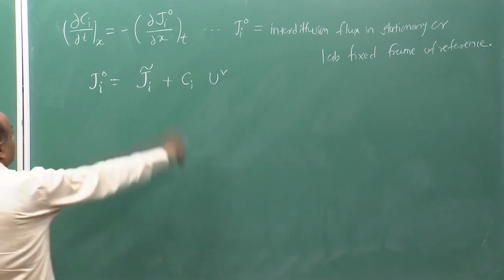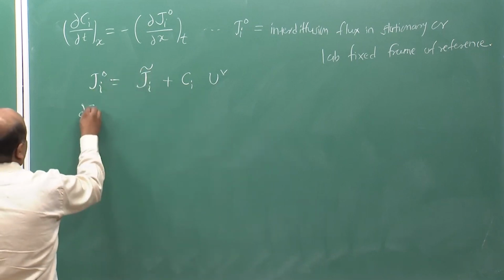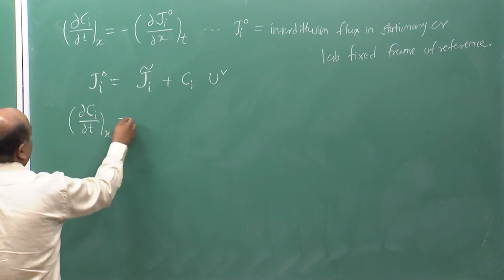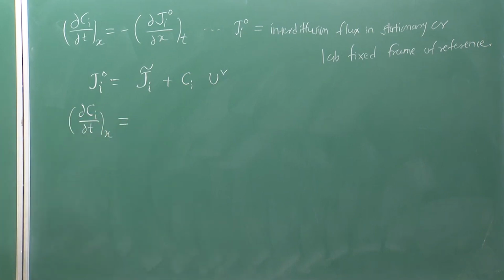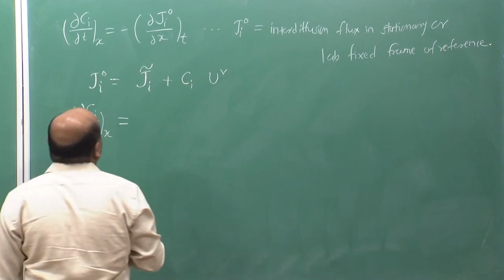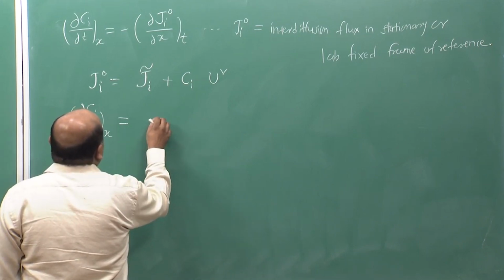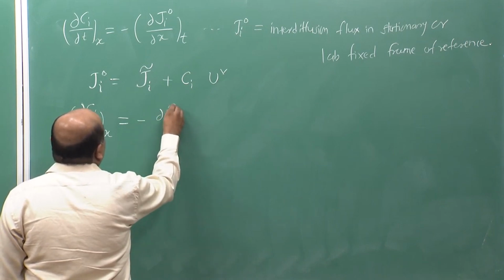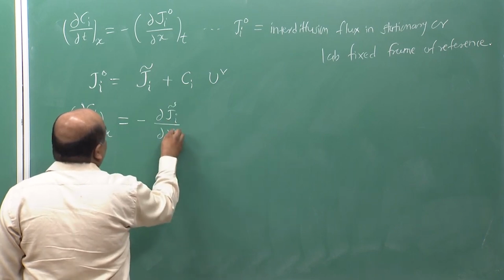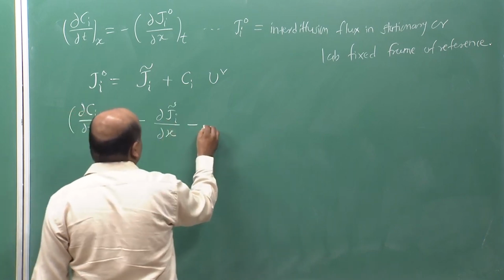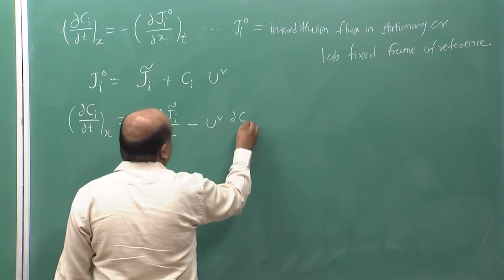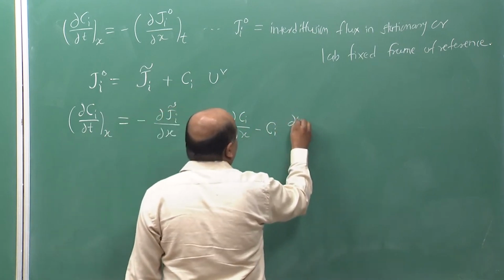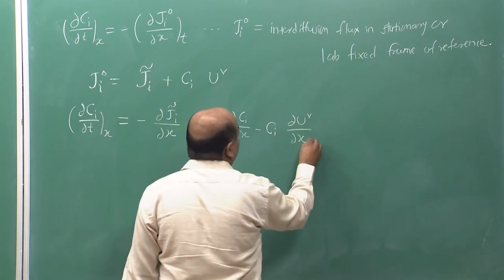So, when I substitute here, original equation becomes dou Ci by dou t at x should be equal to minus dou Gi tilde by dou x minus uv times dou Ci by dou x minus Ci times dou uv by dou x.